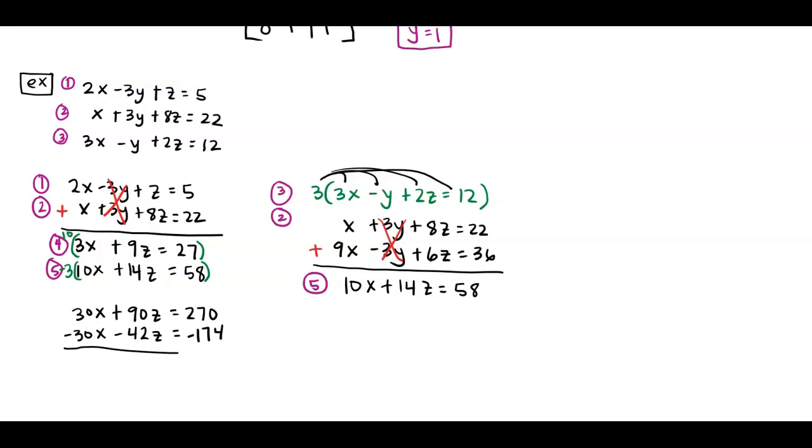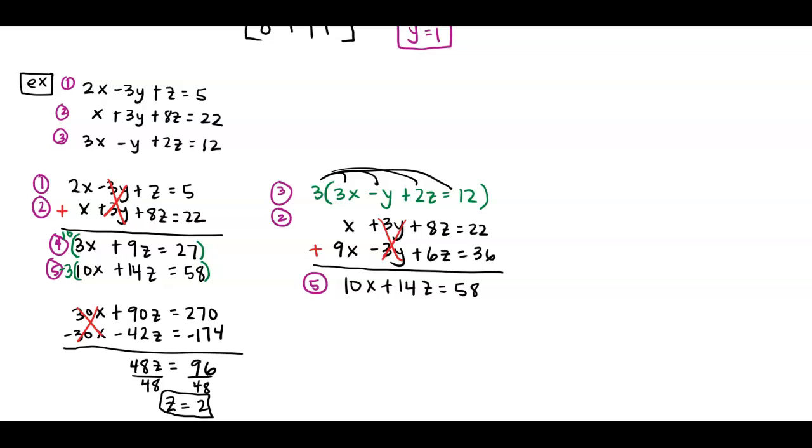Double check my stuff here. Okay, so then my x's are gone, and I'm left with 90 minus the 42, which is going to give me positive 48z, and then 270 minus 174 is going to give me 96. Then I'd need to divide both sides by 48, and so that means z would equal 2.